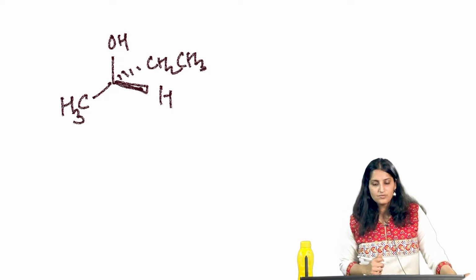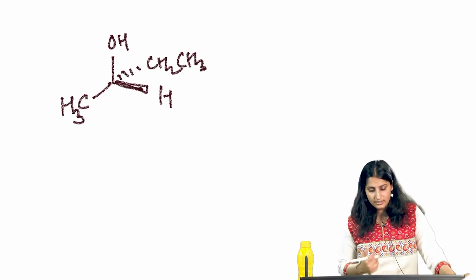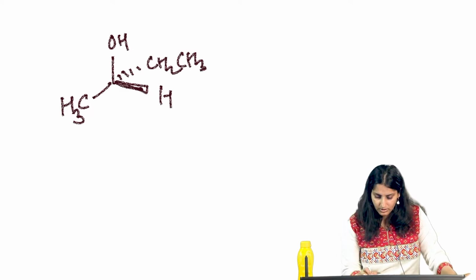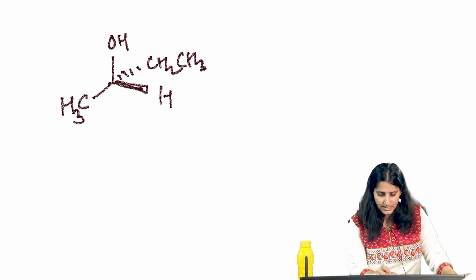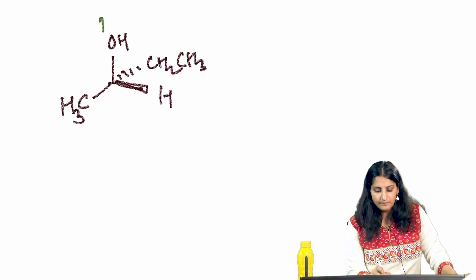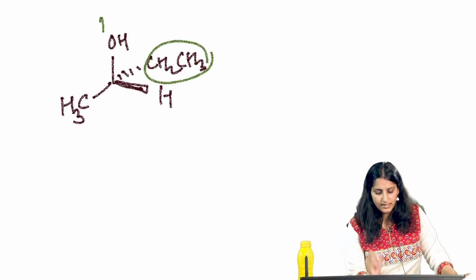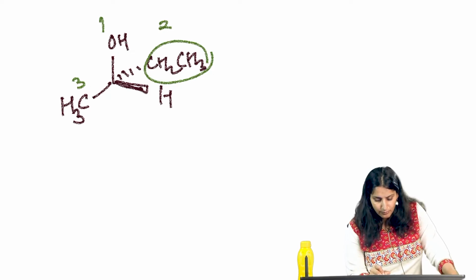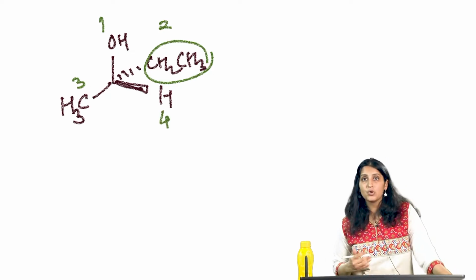What we are going to do is label it such that it is R or S. It is very easy to figure out the priority order in this case. Oxygen gets the first one, then this CH2CH3 group will get the second one, and then this group will get the third one, and the fourth, hydrogen, as you can see, is coming towards you.